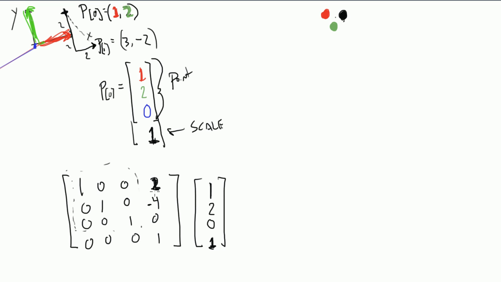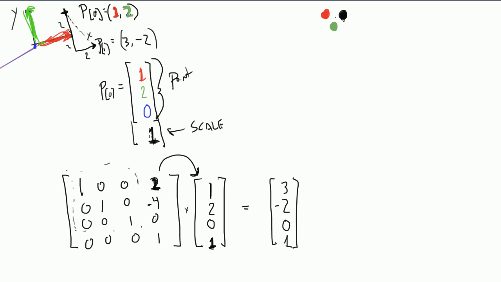Once again, I will point out, at this point you plug this in and plug that in, and you will end up with what you know is the case, a vector that looks like this: 3, minus 2, 0, because you haven't changed the z. But you don't necessarily want to train students to think they're going to do it by addition. They're going to do it by transformation, which is always a multiplication.